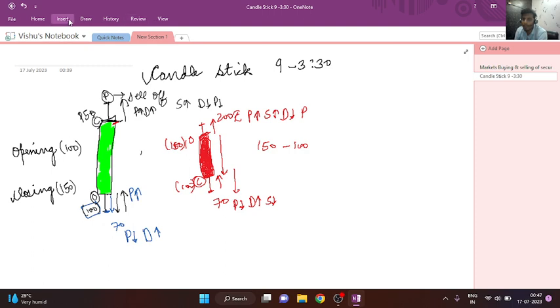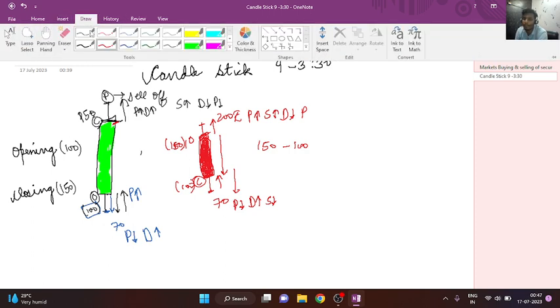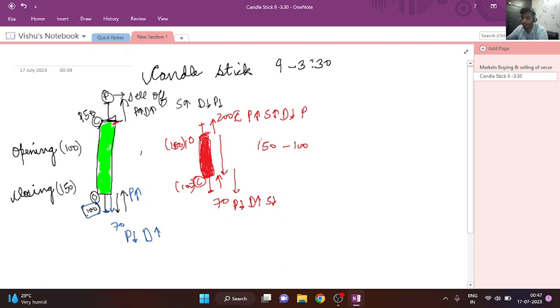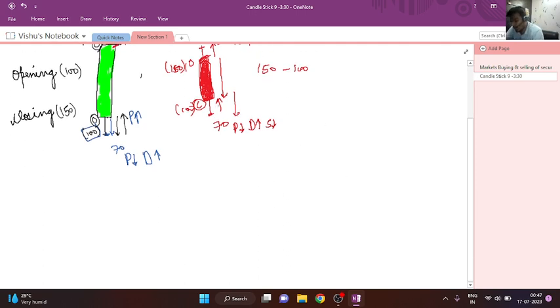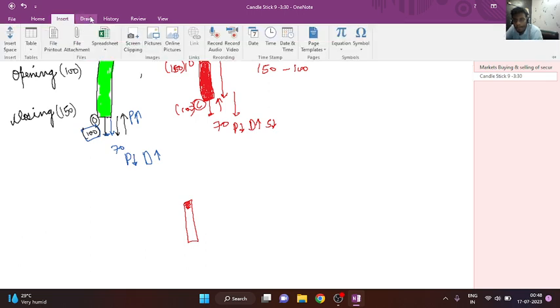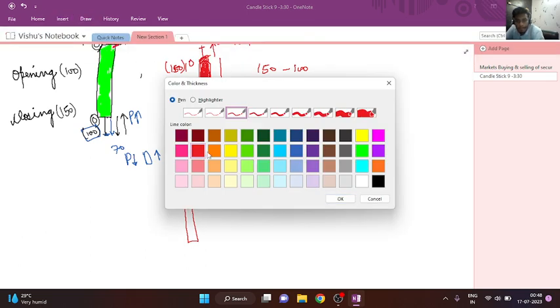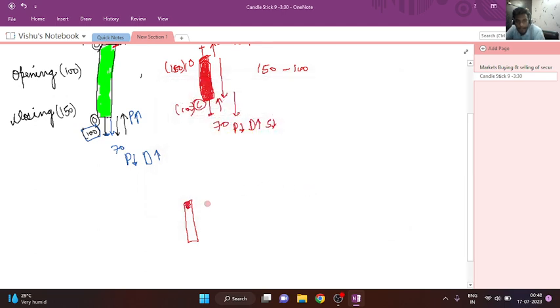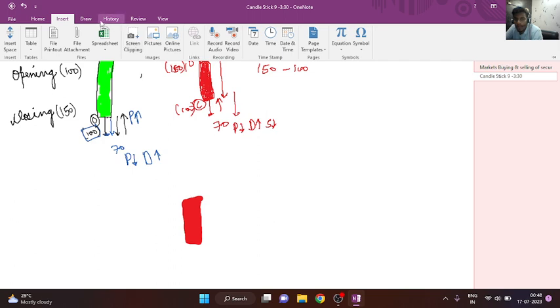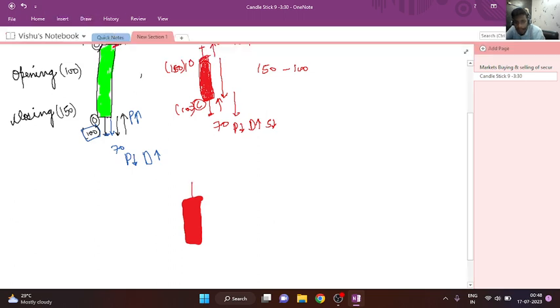Now here is one more interesting thing. If I make two candlesticks here, this is a red candlestick. It is not actually red, but let's suppose it's a red candlestick, and then we have wicks up here.